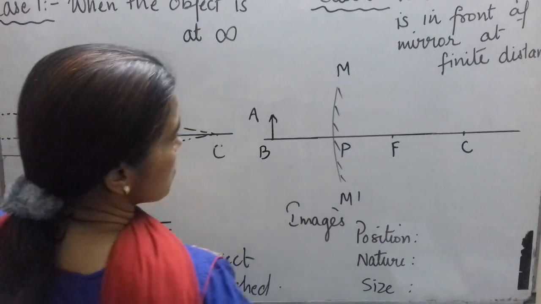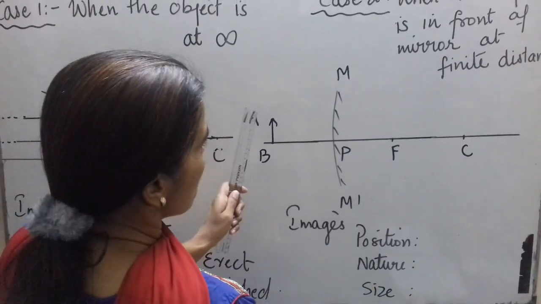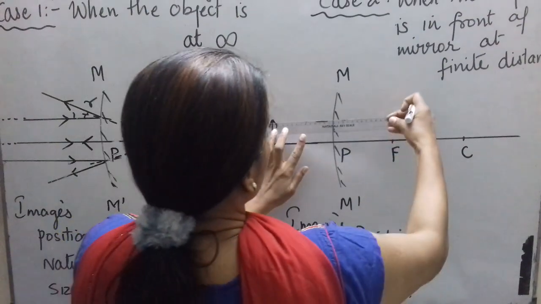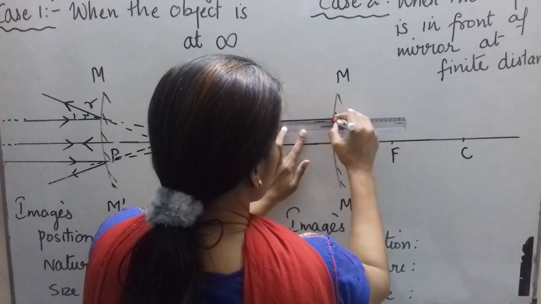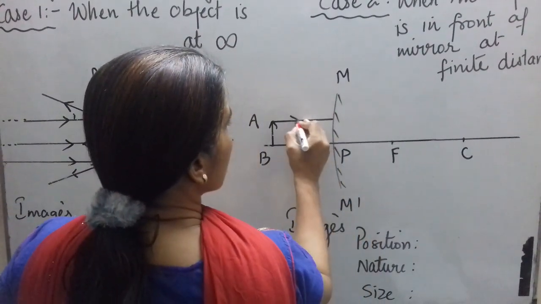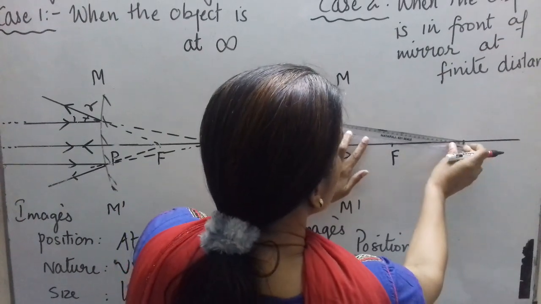AB. As we have learned before, from tip A we have to choose any two rays. Let me take one ray which is always preferred, parallel to the principal axis. If you want, you can draw the normal here.